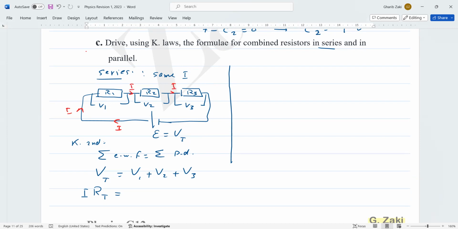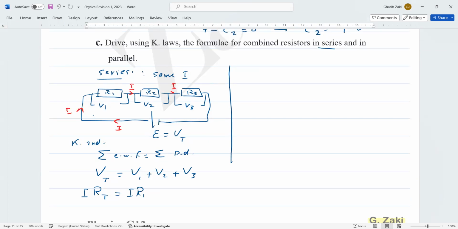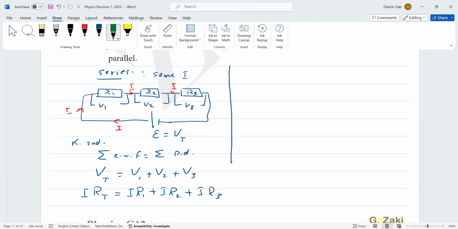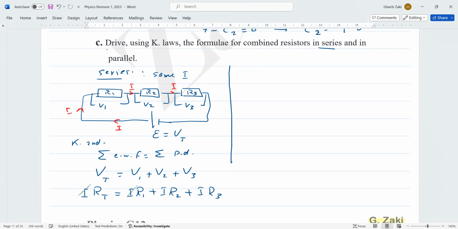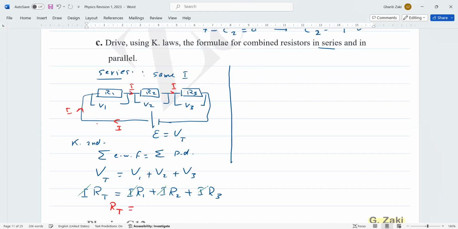It is the same current I. Then V total equals I multiply R1 plus I multiply R2 plus I multiply R3. Then we cancel I because it is the same, divide by I, both sides. We will get the total resistance in series. R total equals R1 plus R2 plus R3.